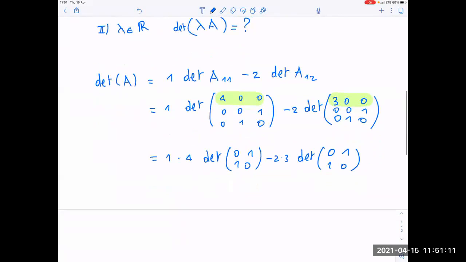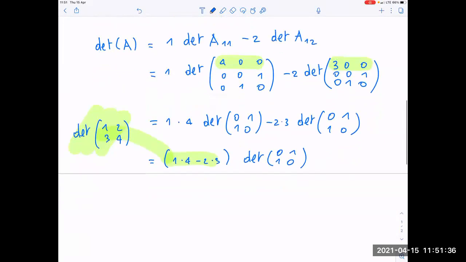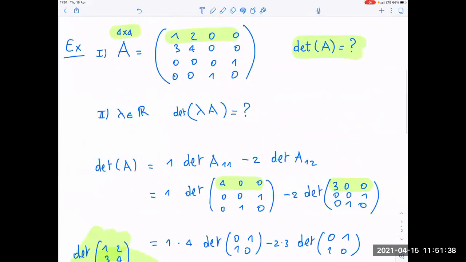If you play just a little bit, you will see that you get 1 times 4 minus 2 times 3 times the determinant of this matrix here. This determinant is probably not a surprise. This is the determinant of the matrix 1, 2, 3, 4.